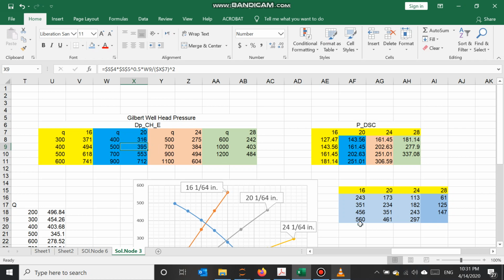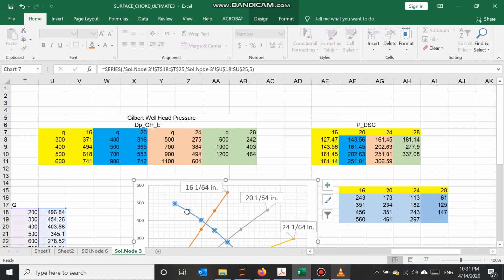But the delta P that we got from part one, graphically, was through the choke only.